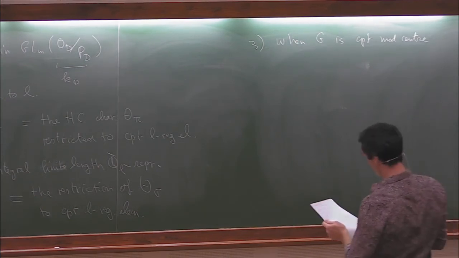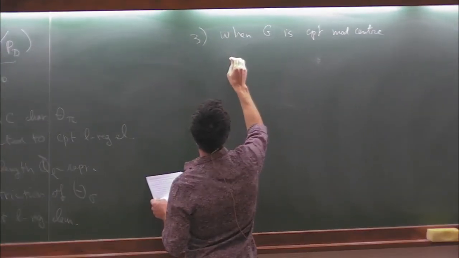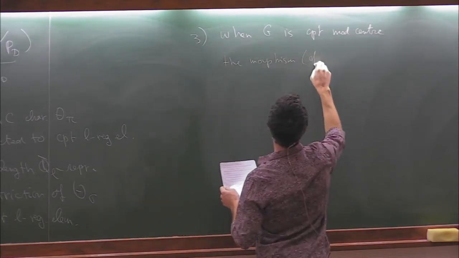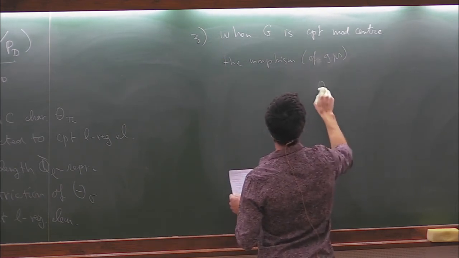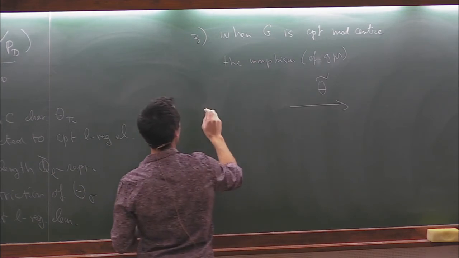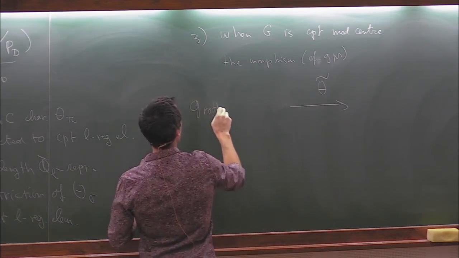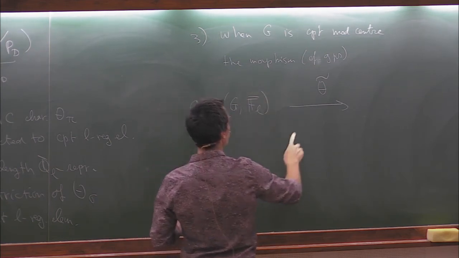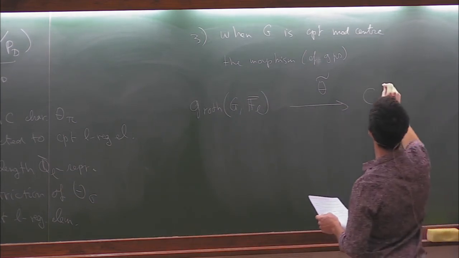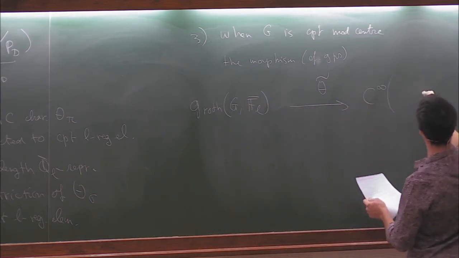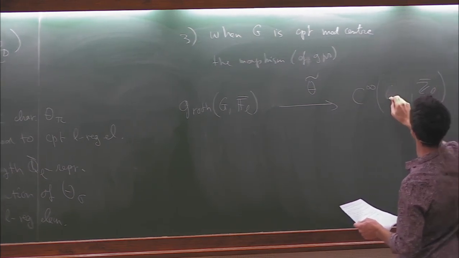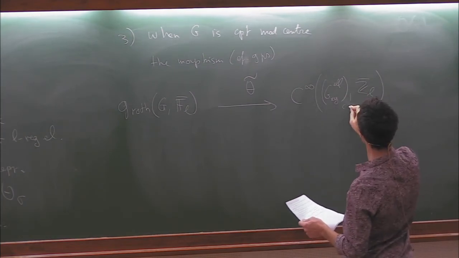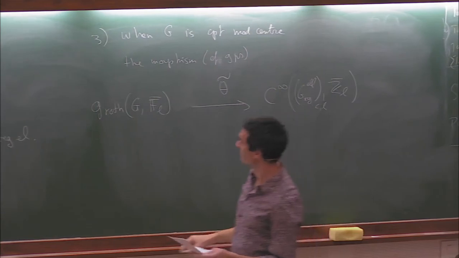When G is compact mod center, the morphism of groups theta tilde from the Grothendieck group of finite length representations of G with coefficients in FL bar to the space of locally constant functions with values in ZL bar on GL reg, compact and L regular, this map is injective.